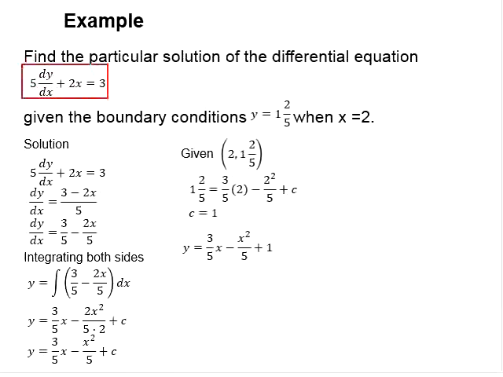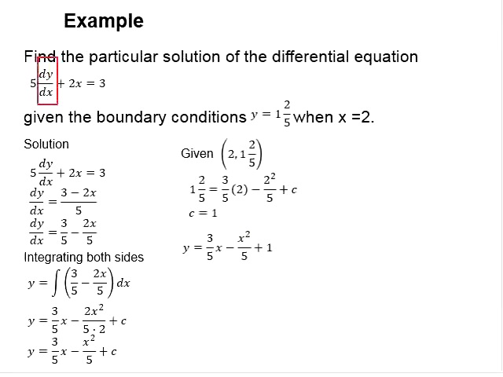Given the differential function here, the boundary conditions given are y equals 1 2/5 and x equals 2. This represents a coordinate on the function. You are asked to find the solution for the differential equation. That means we are looking for the function of y.